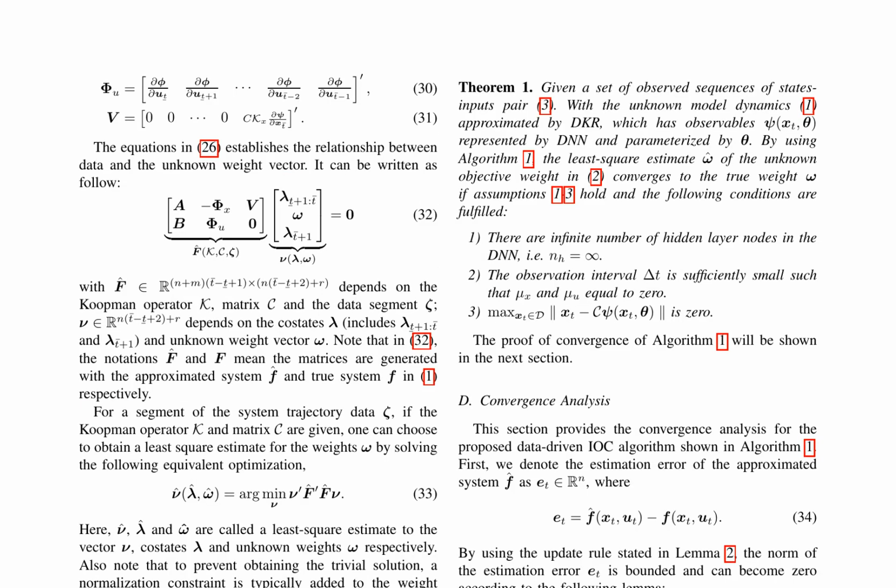The data-driven inverse optimal control (IOC) algorithm is a novel method for estimating the unknown objective weight in system dynamics, utilizing a given dataset of observed sequences of states and inputs. This is achieved through the iterative update of the parameters of the Koopman representation, the weights, and the matrix C, which are essential for the approximation of the system dynamics.